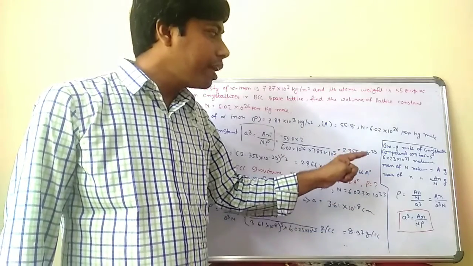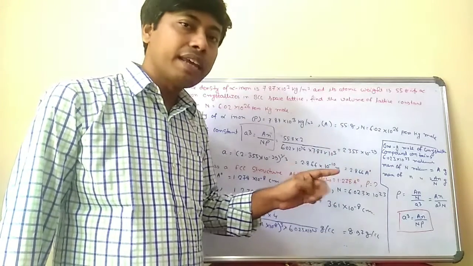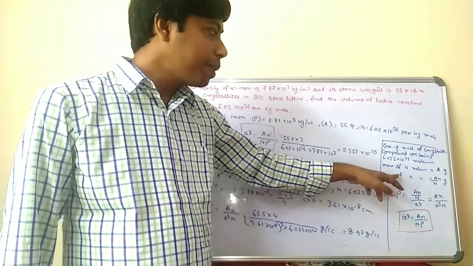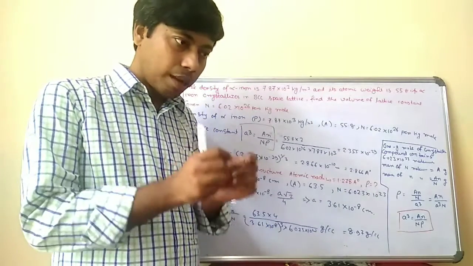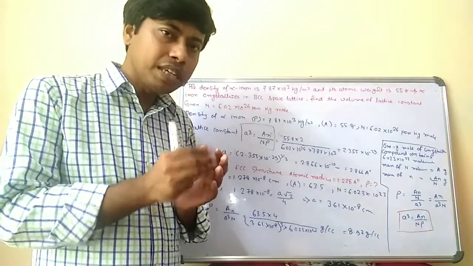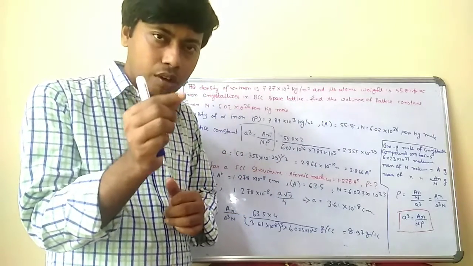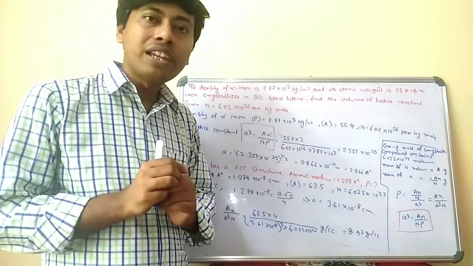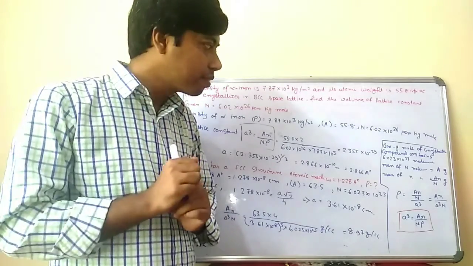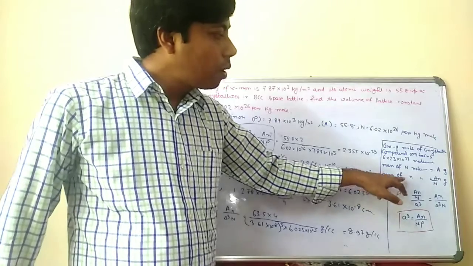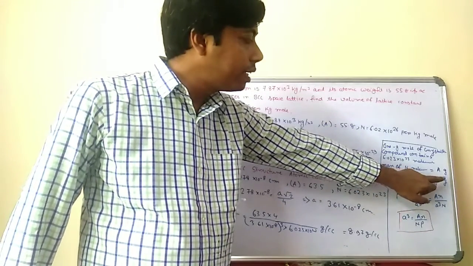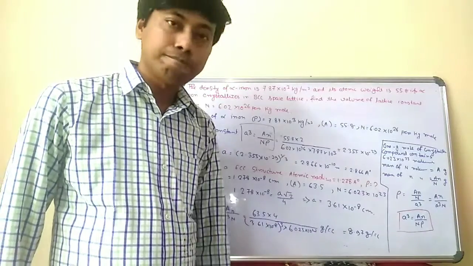Now the mass of n molecules, where small n is the number of atoms per unit cell, will be capital A divided by capital N into small n. So the mass of n molecules will be A into n divided by capital N in gram.